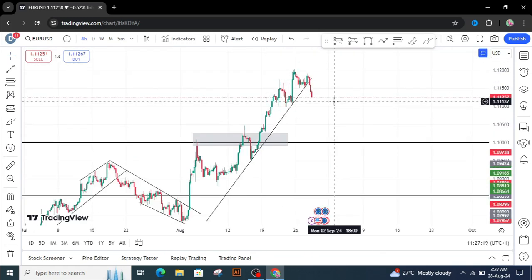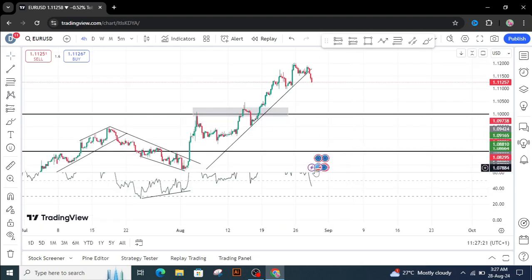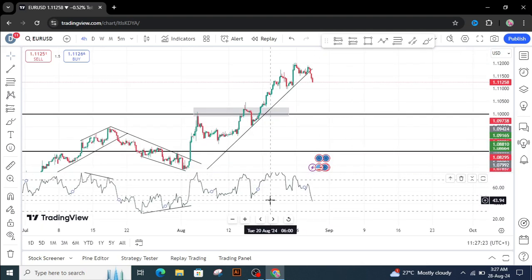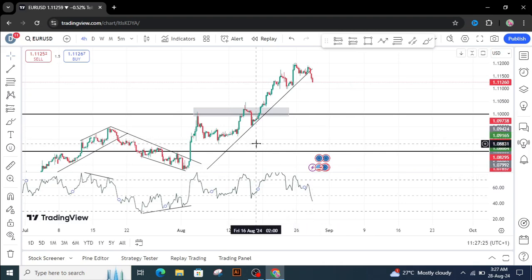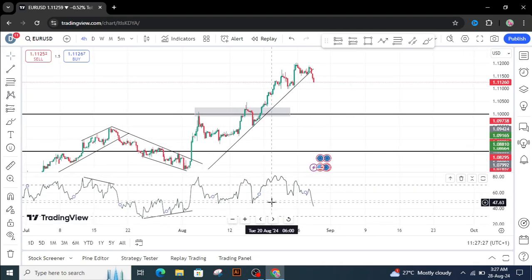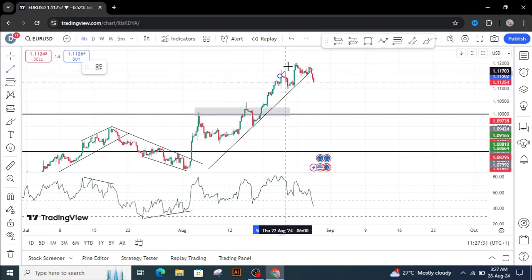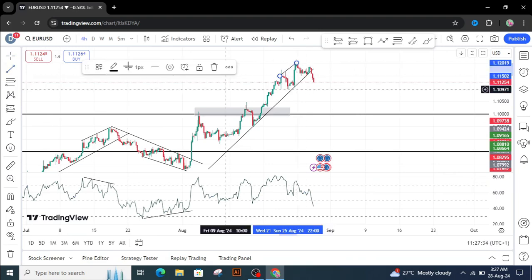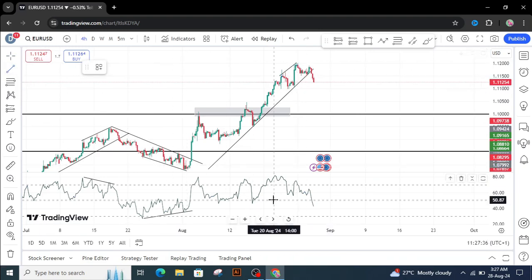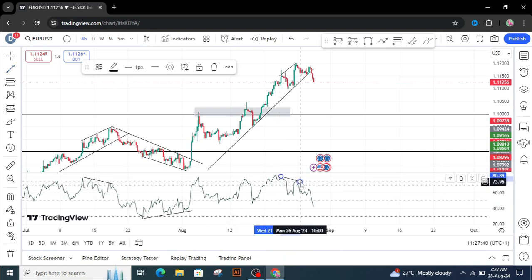So if you look at your RSI, you can see it making higher highs, or your RSI is making lower lows.